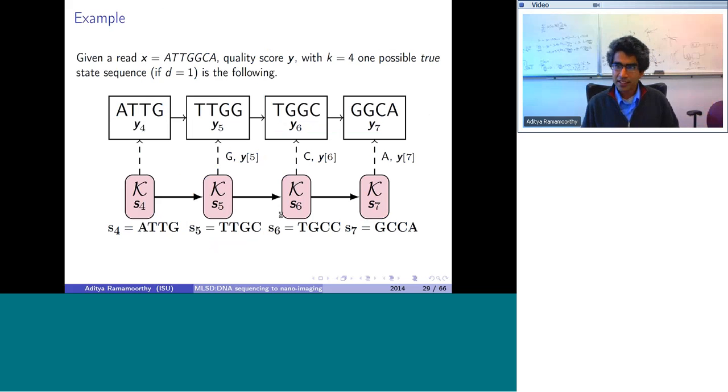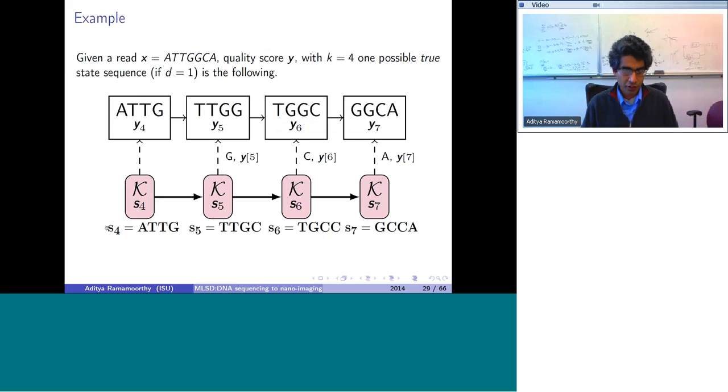Here's an example. Let's say, for instance, you have an observed read which is ATTGGCA. This is the one that I've shown here. It could be the result of the transition between these four k-mers of length 4.